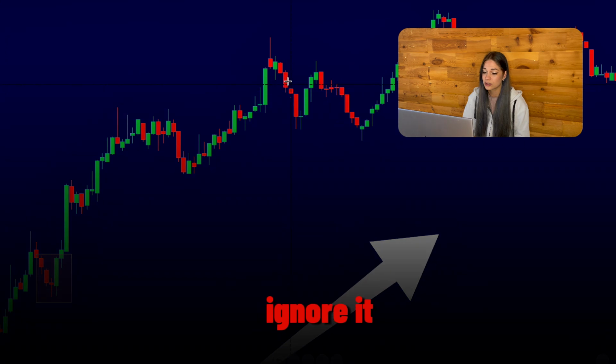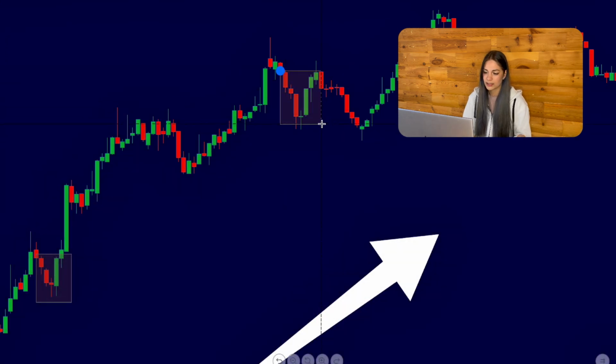I would say you should ignore it because the red candlesticks are covered with 3 green candlesticks. You should ignore things like that. And also you should ignore the next one because right here it's too many green candlesticks used to cover the red ones.